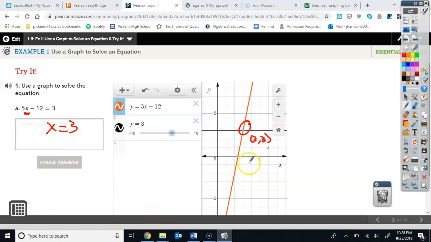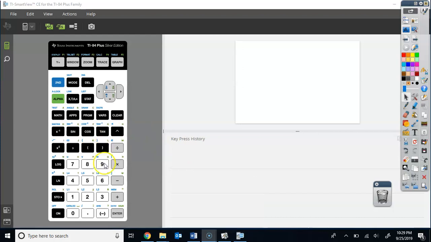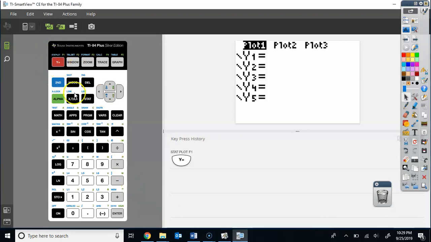Now, I'm also going to show you how to do this on the TI calculators. On the TI calculators, you can go to this screen that says y equals. So I can click this y equals button, and I can do something very similar to what we do with the Desmos calculator.